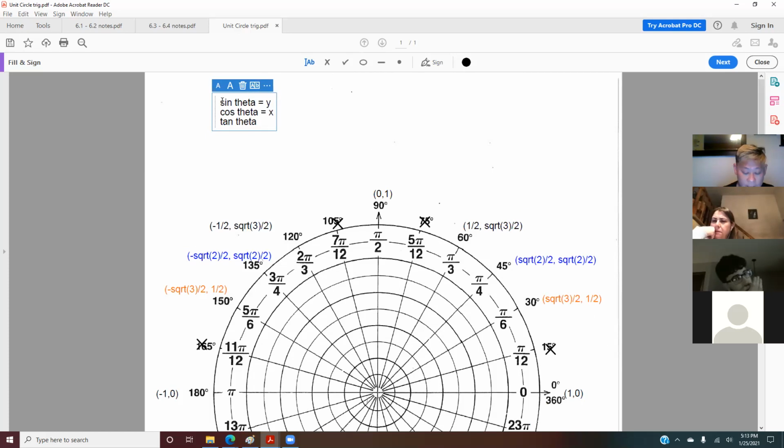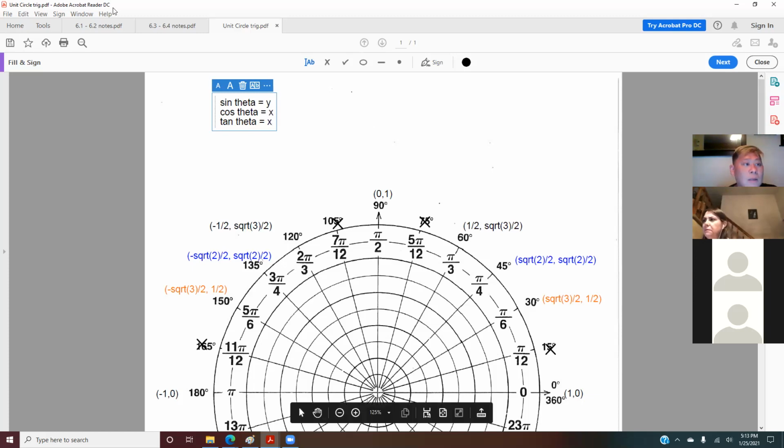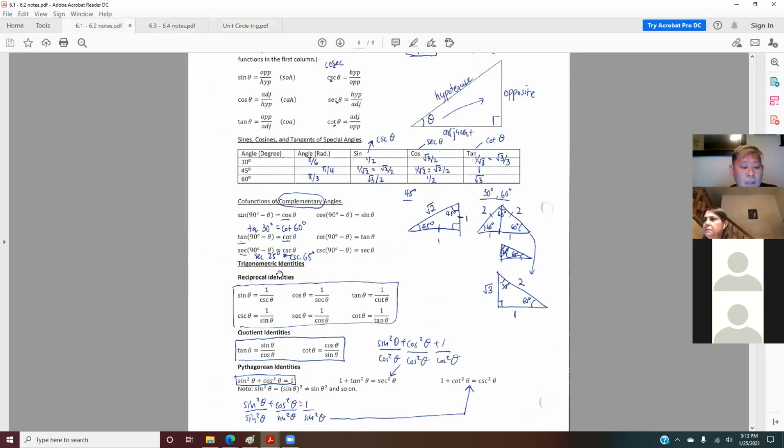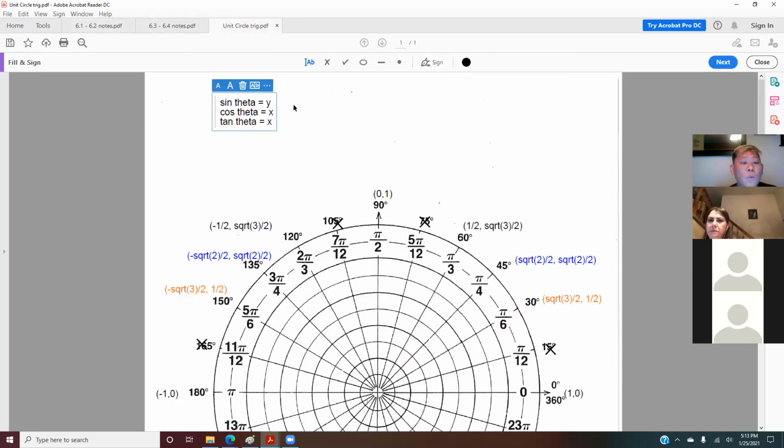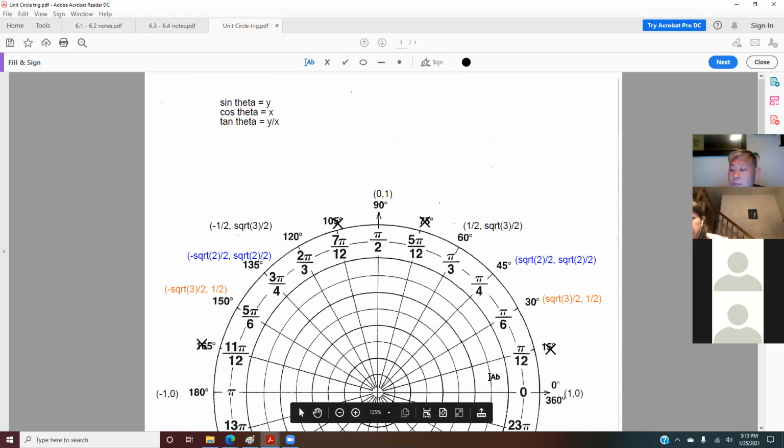Tangent theta is sine over cosine, which is y over x. So what you do here is this theta is all these angles, and then this is x, y, and then the flip-flop for the reciprocals, after you know these.